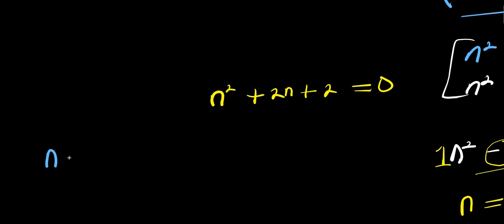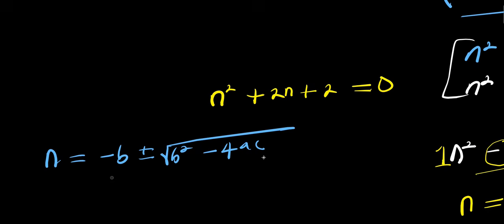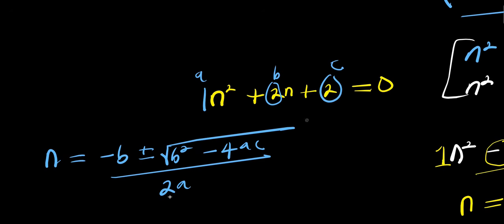Now we have n equals negative b plus or minus square root of b squared minus 4ac, divided by 2a. And here this is our a, the coefficient of n squared, 2 is our b, and this is c. So let's insert it right here.